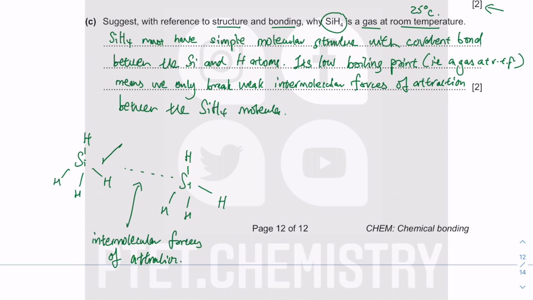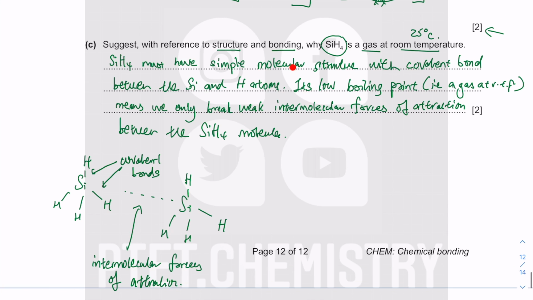But within this one, you have covalent bonds. Covalent bonds are way stronger than intermolecular forces of attraction, which are between discrete individual molecules, and you only get discrete individual molecules if you have a simple molecular structure. Okay, so I mentioned the structure, I mentioned what bonding you have between what and what, but the low boiling point means, what are we breaking?